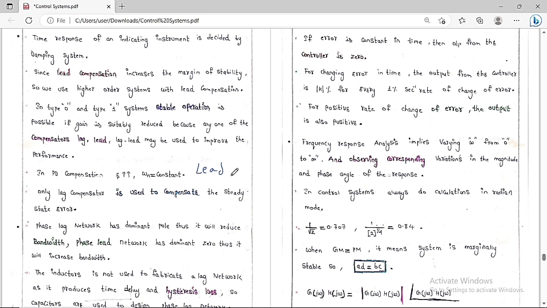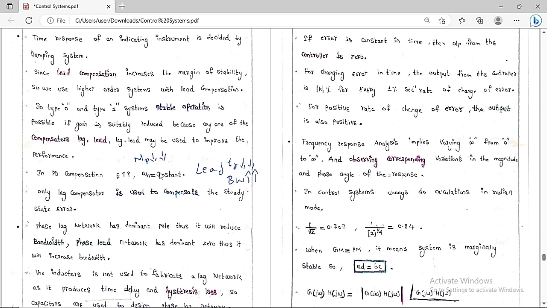Improving the transient response means improving the speed of the response, so the rise time decreases whereas the bandwidth increases, because the product of both is always constant. If one increases, the other decreases. The damping ratio increases, therefore the peak overshoot decreases, because both are inversely proportional.